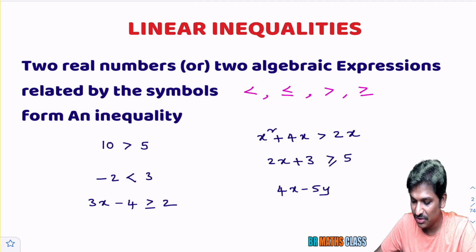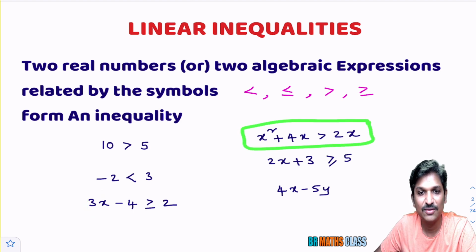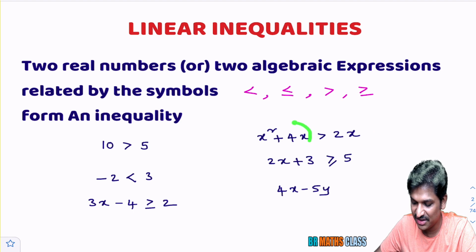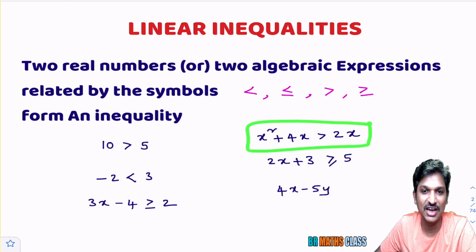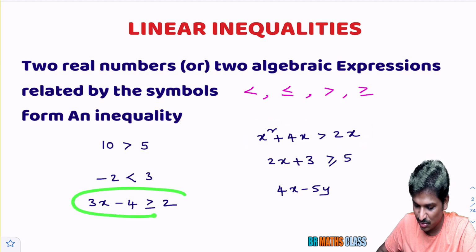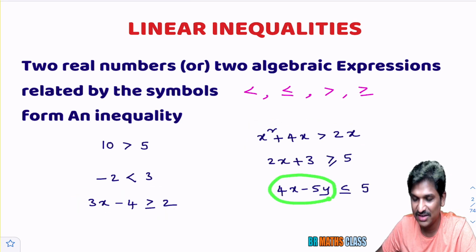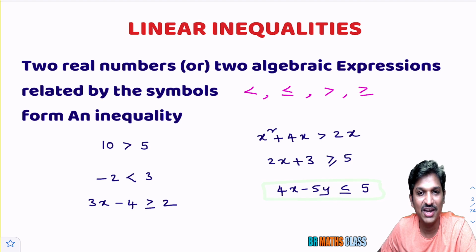Okay, you observe this. Is it a linear inequality? No. Here a quadratic expression is there. This is just an inequality, but this is not a linear inequality. Okay, what about this one? This is a linear inequality in one variable. If you observe here, what is this? This is a linear expression in two variables. So we can easily say that this is a linear inequality.